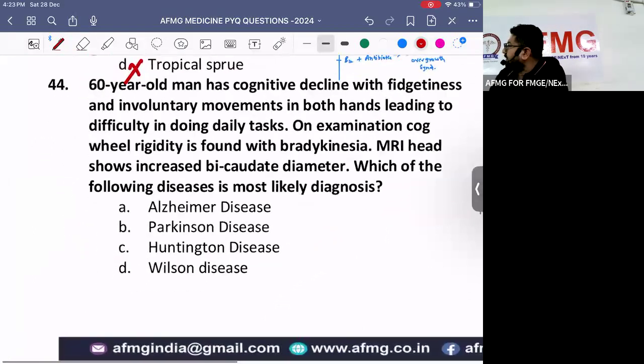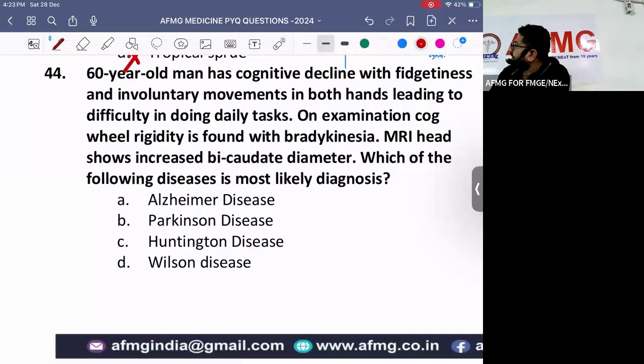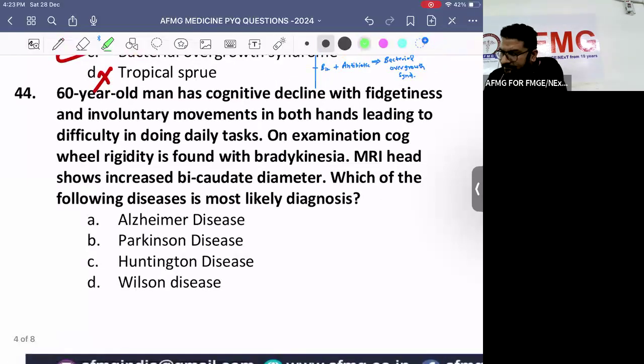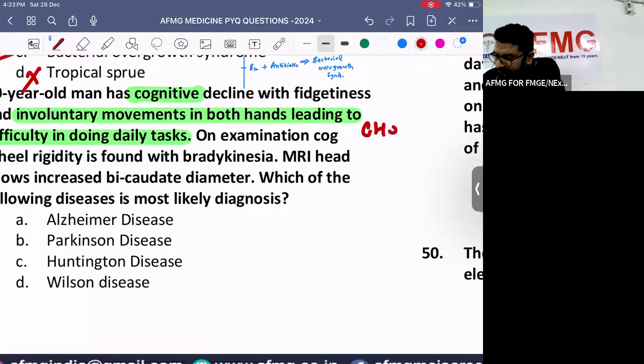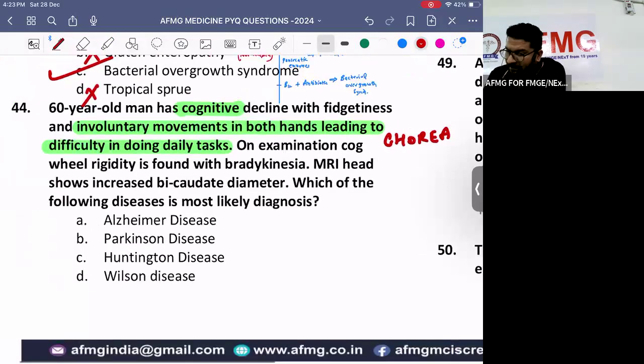Okay, try to answer the next one. Cognitive decline is there. It means some sort of dementia. There is some dementia. Involuntary movement in both hands leading to difficulty in doing daily tasks. Involuntary movement means it could be chorea, but cogwheel rigidity is found with bradykinesia.